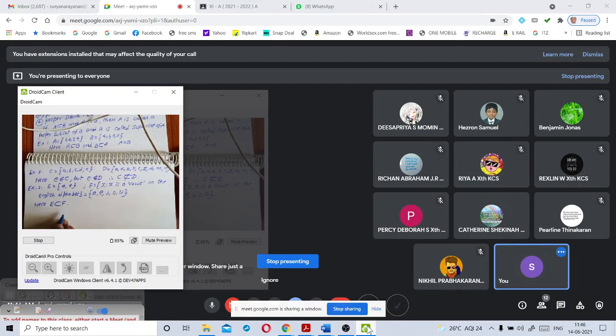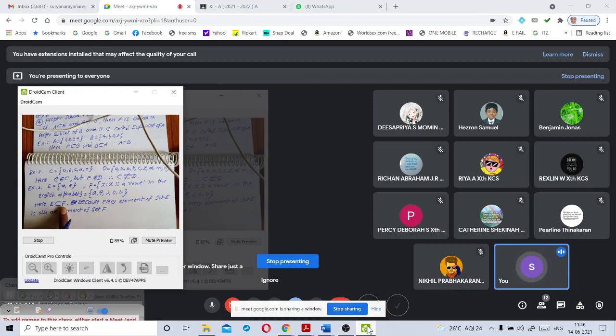Sir, the elements of set E are the elements of set F. Yes, every element of set E is also an element of set F. By this reason we can say that E is a subset of F.